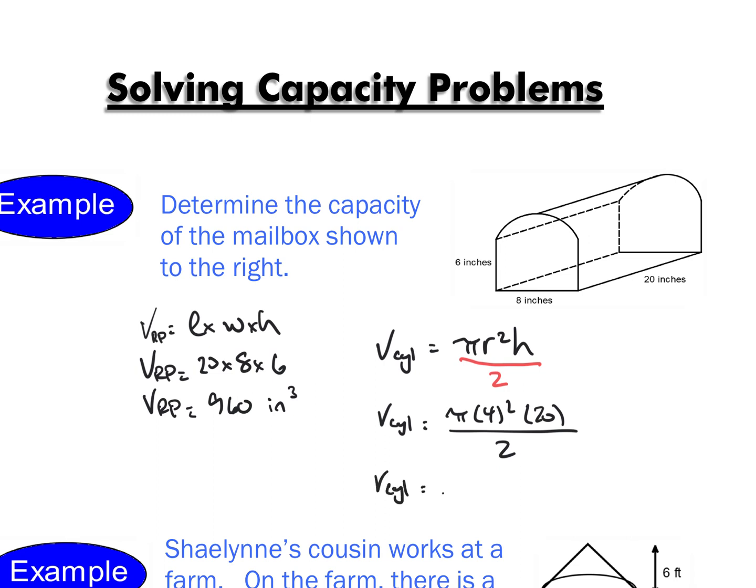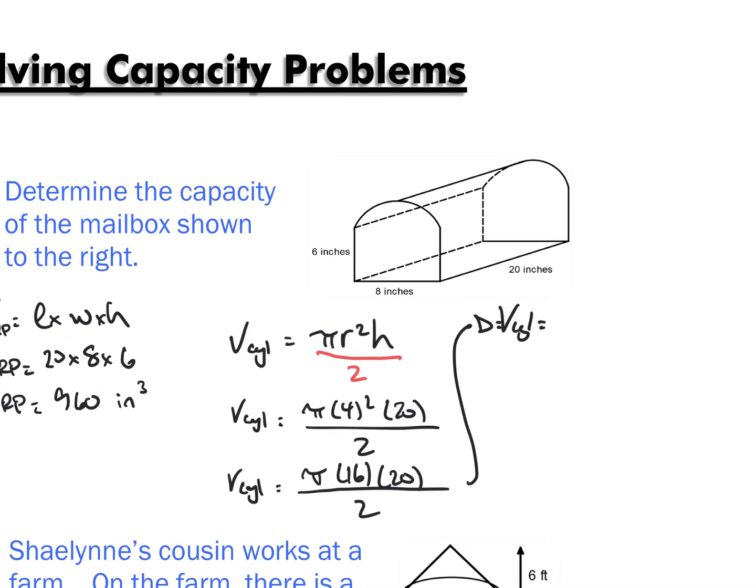We need to make sure we do our order of operations properly. Exponents come first. 4 squared is what? 16. Times 20 divided by 2. Now, on our calculator, here's what I would do.